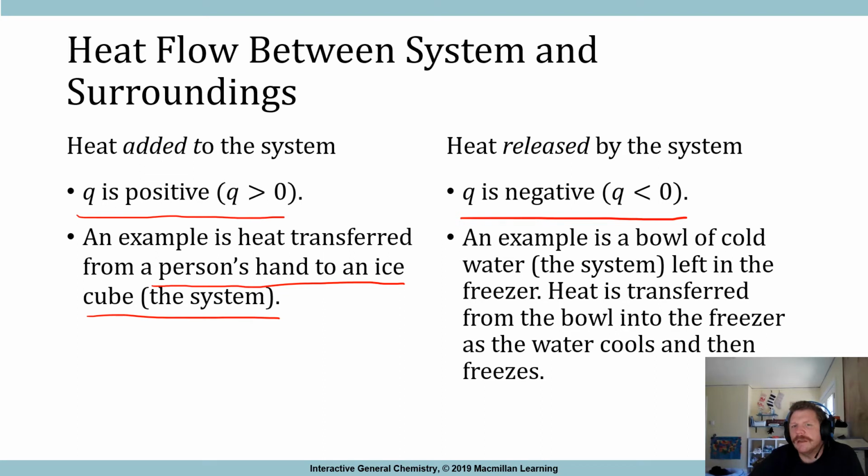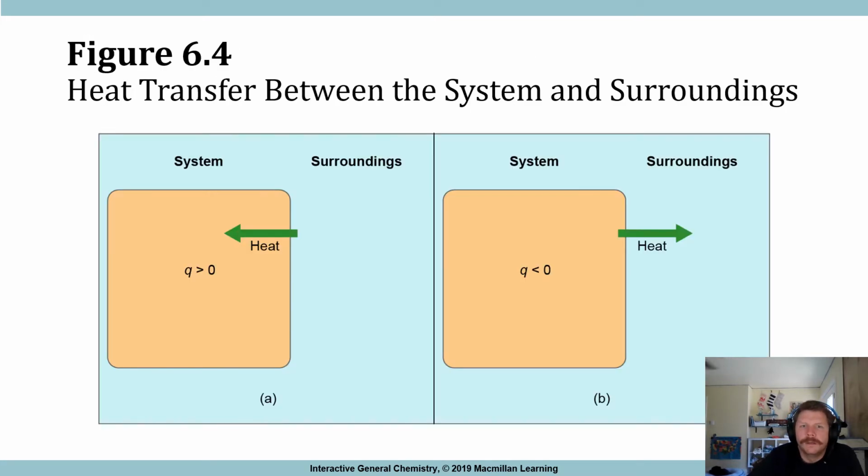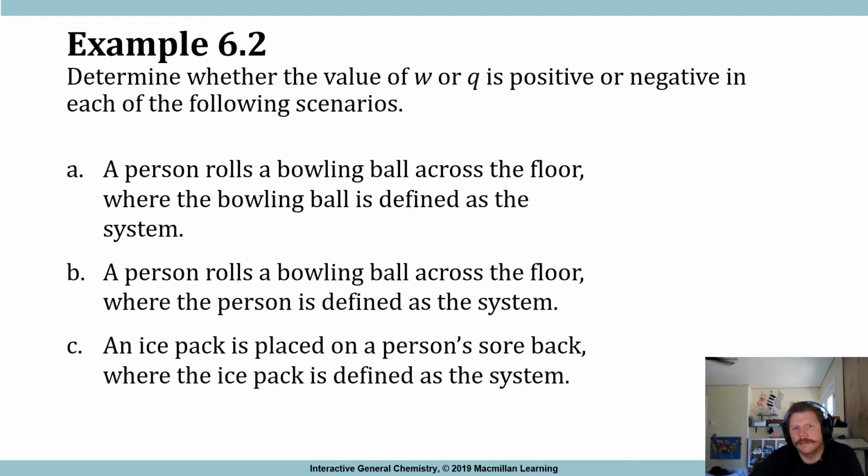Whatever heat was in there is going to be transferred out of it. So that would be an example where Q is negative. Again, heat transfer from the surroundings to the system, or from the system to the surroundings: Q is greater than 0 or Q is less than 0.